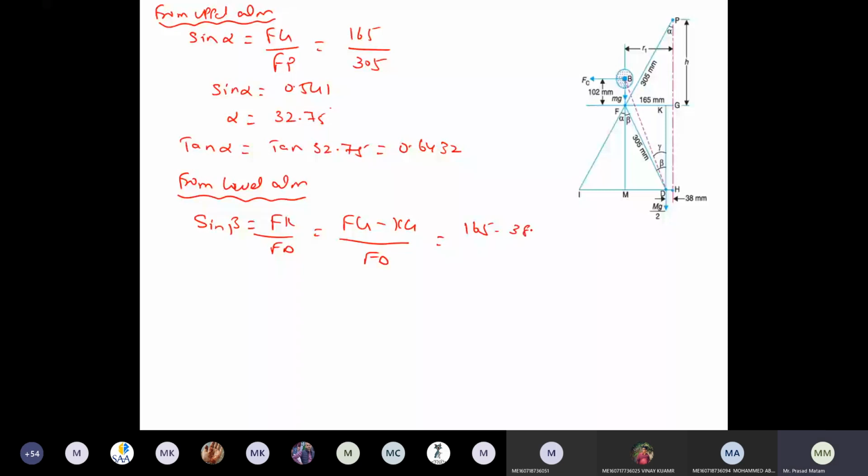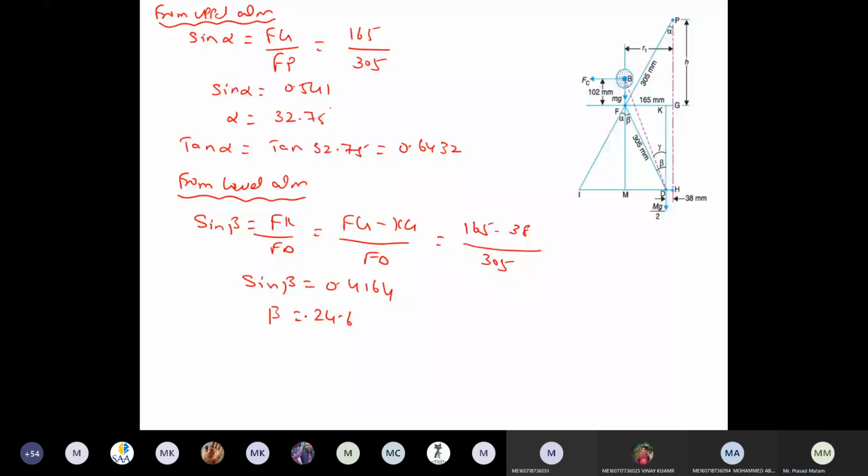KG is 38 mm and FD is 305 mm. So from this, sine beta I am getting is 0.4164. So from this we get the beta value, that comes as 24.6 degrees.